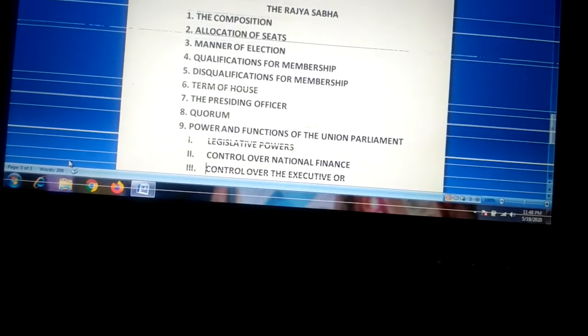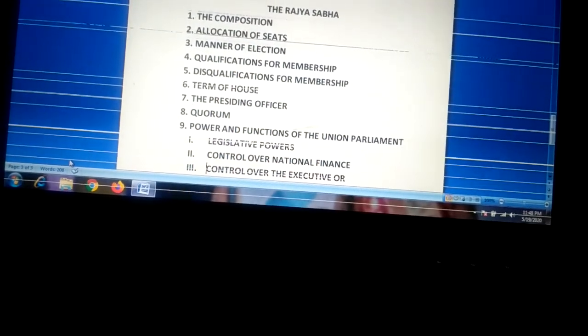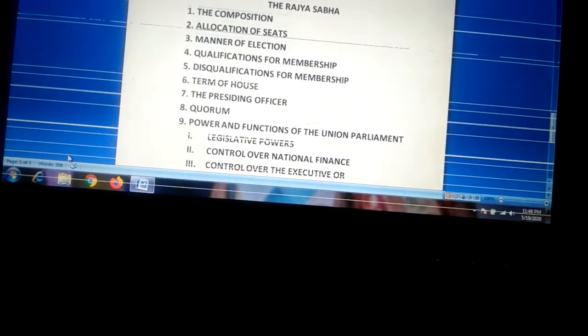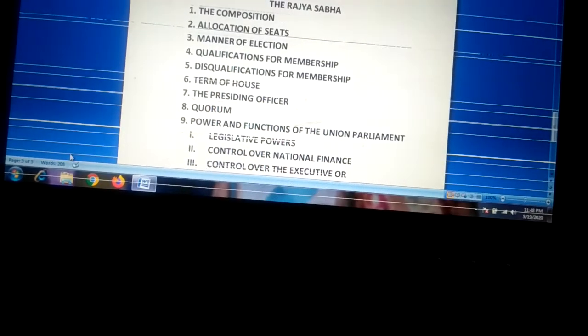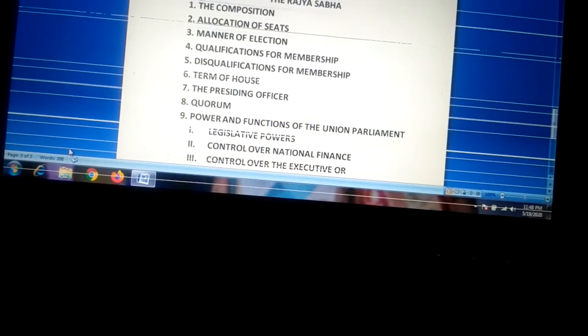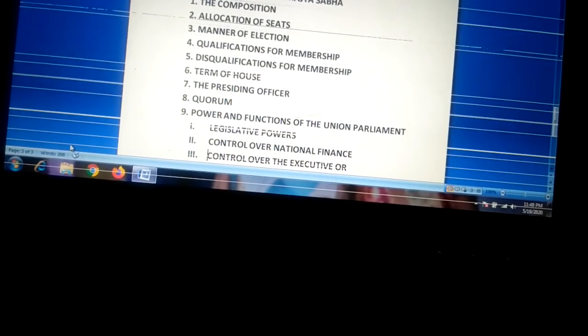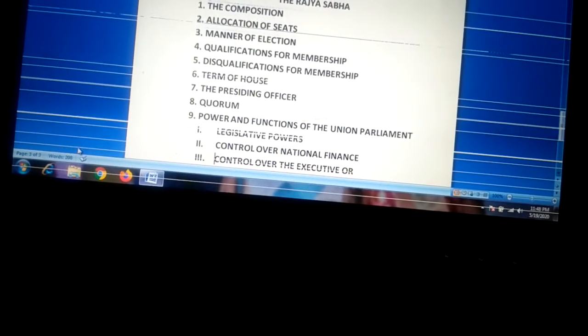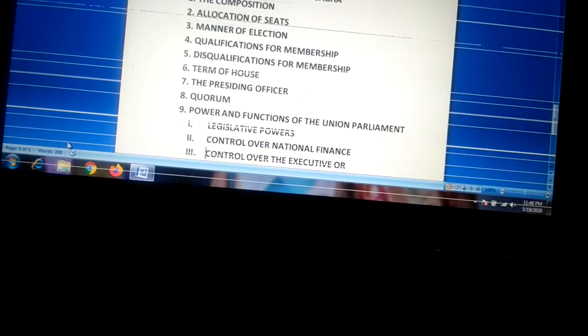The Lok Sabha is free to accept or reject the recommendations made by the Rajya Sabha in money matters. Clear? Then the budget.